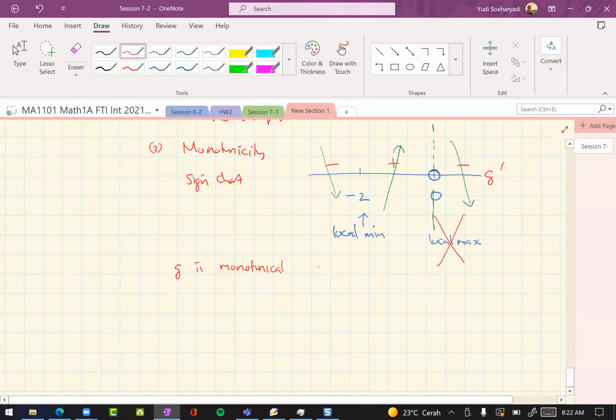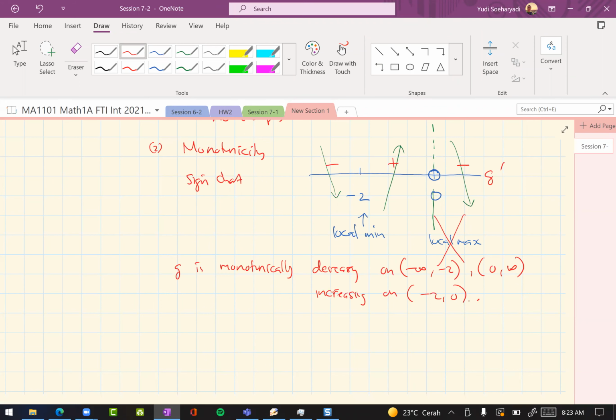Linearly decreasing on, let's see, 2 and increasing on, okay, let's give you the answer of this.